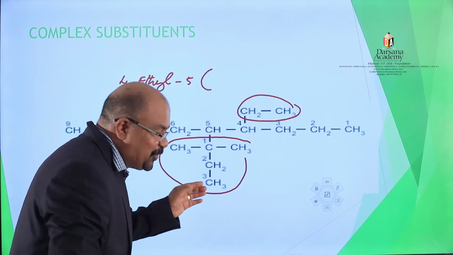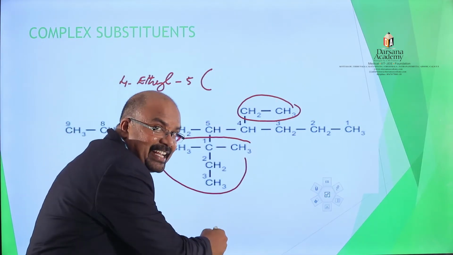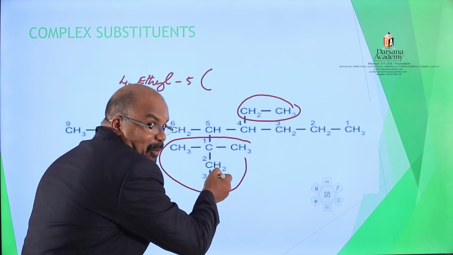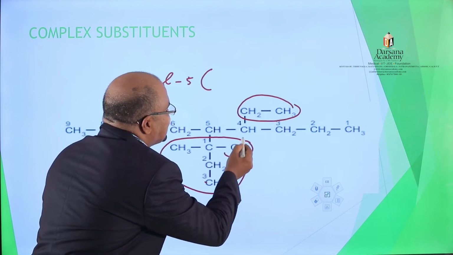Within it we give numbers downward, 1, 2, 3. Here the root is a propyl group. This will become the substituent.